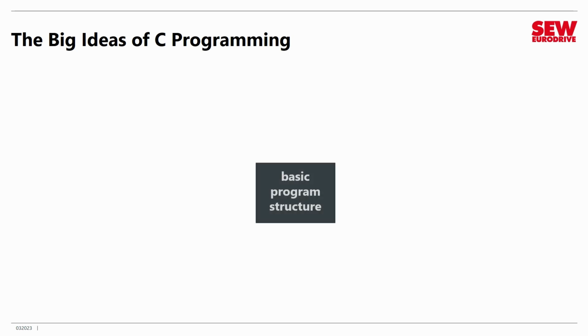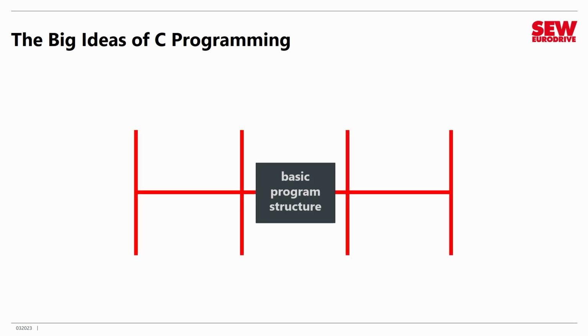So we're going to explore what I call the big ideas of programming, and we're going to do it in this way. We're going to start by learning about the basic program structure of an IPOS program. Then we're going to build around that and add additional components. And as I said, we're going to spend 5 sessions doing this. We're going to learn about comments and formatting code so that it's readable and easy to work with.